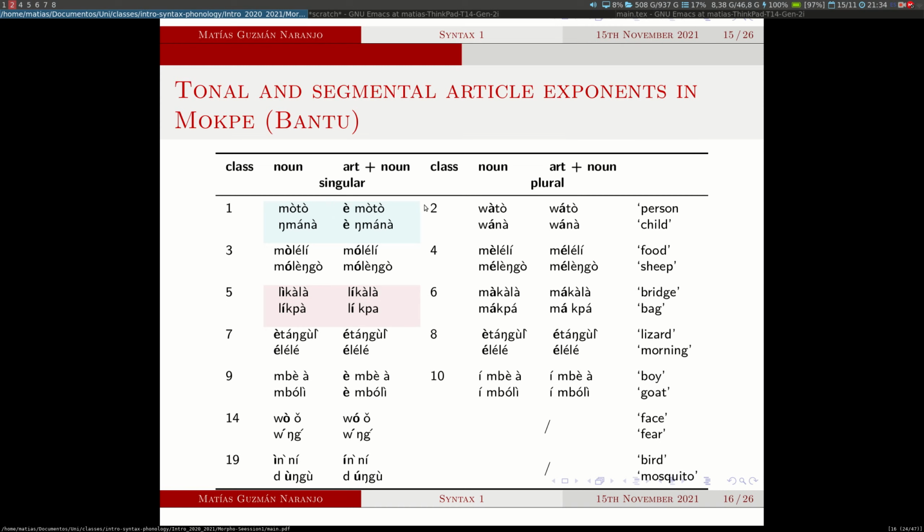Now, what's interesting here is that if you compare, for example, class 1 with class 2, in class 1 the article is a separate word. It's an E with falling tone, which is an independent word. In class 2, the article is a high tone that goes on the first vowel of the stem.